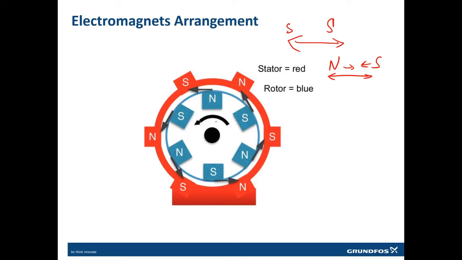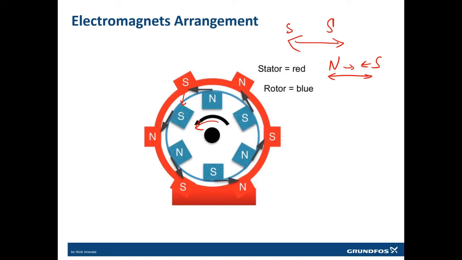This rotor is the thing which will actually generate the rotation, the thing which we are actually looking for. Now at any given moment, this south pole is attracting this north pole, which is attracting this south pole, and this south pole is also repelling this south pole.